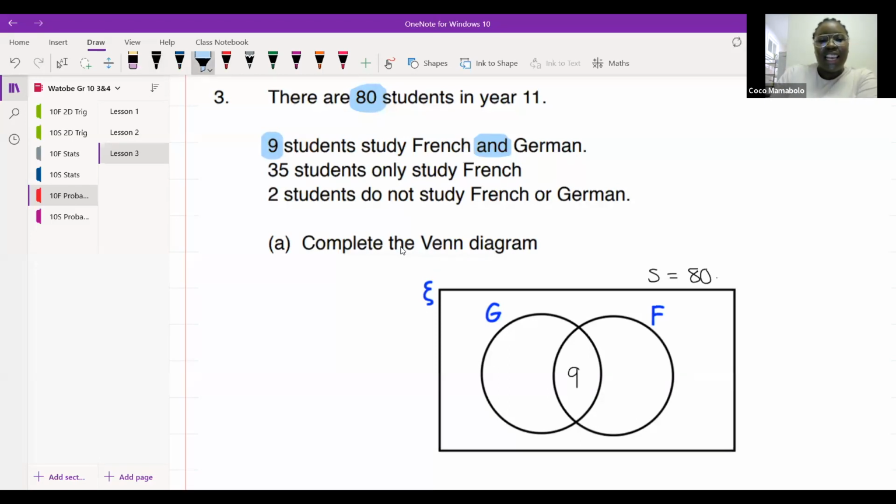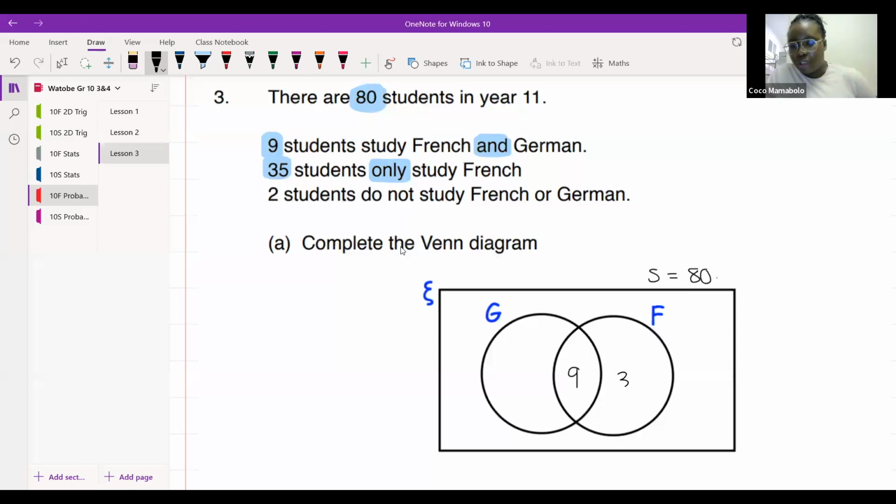Beautifully done. All right, let's look at the next part: 35 students only study French. This word only is very important. What is that going to tell us about this French part? I think it's going to tell us that only 35 students do French, so it's going to go in the F circle.